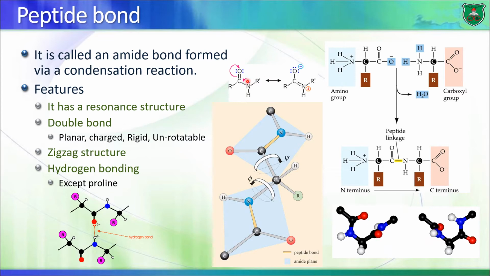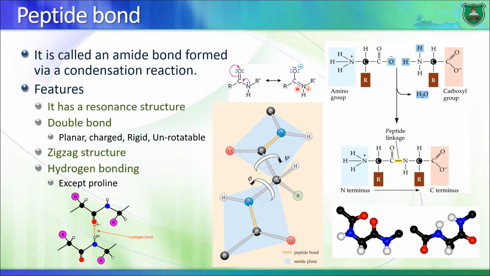So the peptide bond keeps on changing from this form to that form, and that results in the appearance of a negative charge on oxygen and a positive charge on nitrogen.